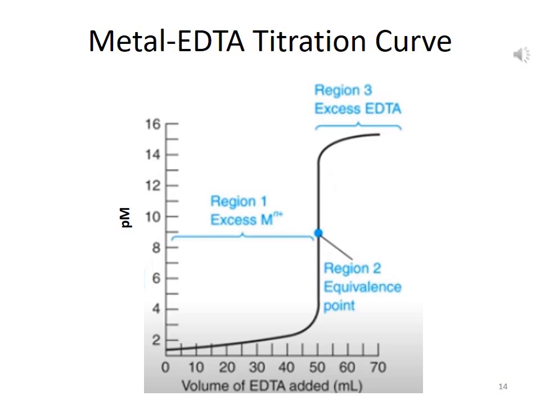Like in a strong acid and strong base titration, for example sodium hydroxide and HCl, we get a curve like this. In the case of the EDTA titration curve, the volume of EDTA that is added is taken on the x-axis, and on the y-axis there is the concentration of the metal ions that we can determine.